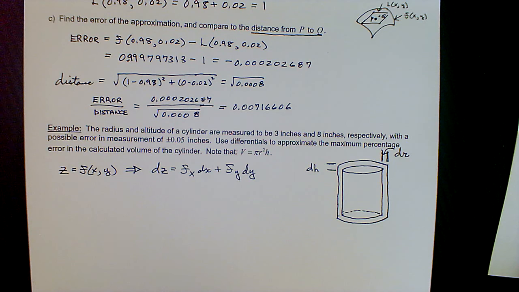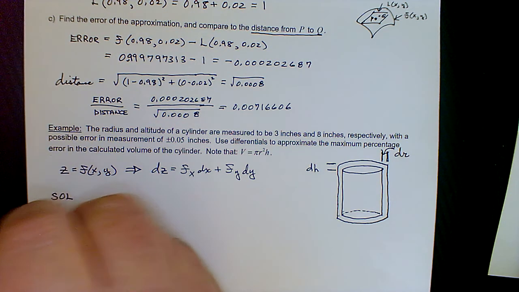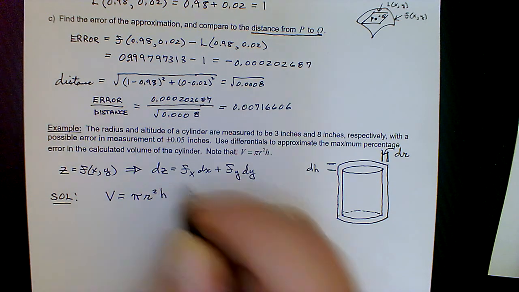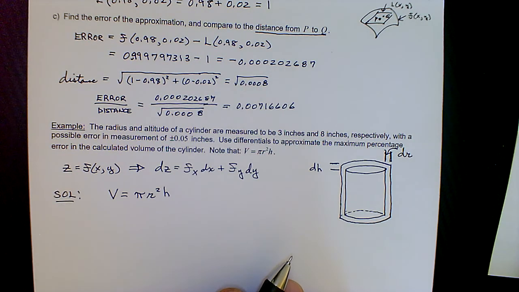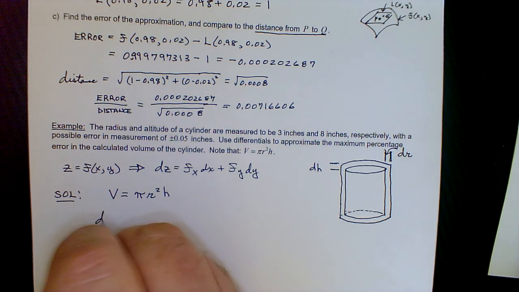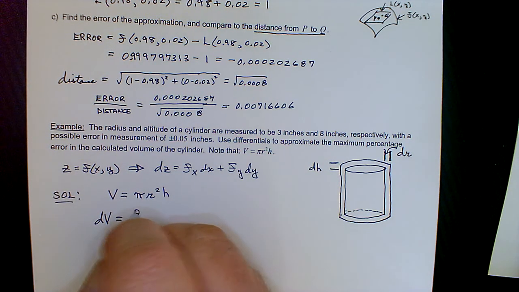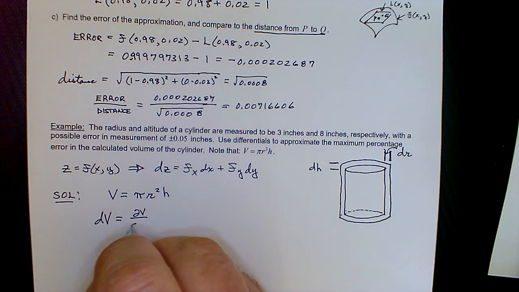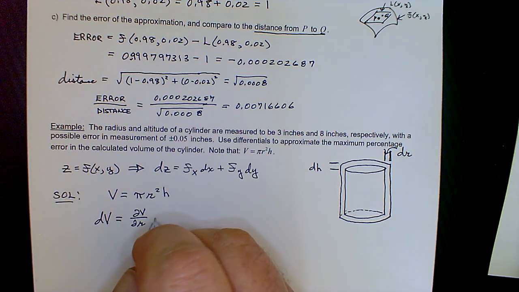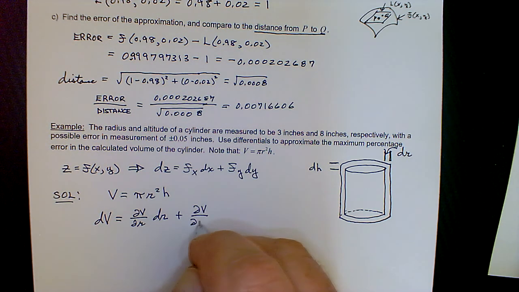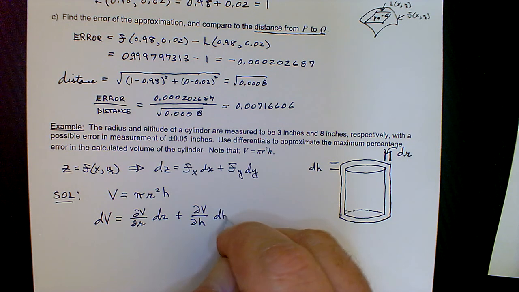And if our volume function is pi r squared h, the volume of the cylinder, then the differential dv is going to be the partial of v with respect to r times the differential dr plus the partial of v with respect to h times the differential dh.